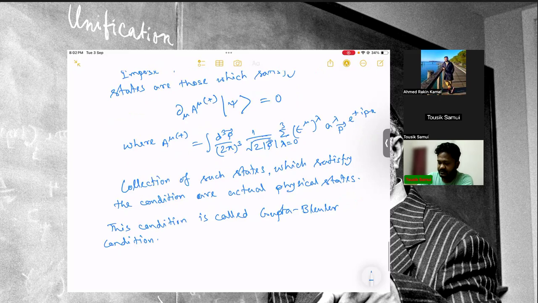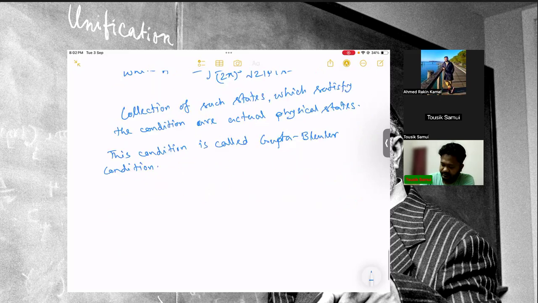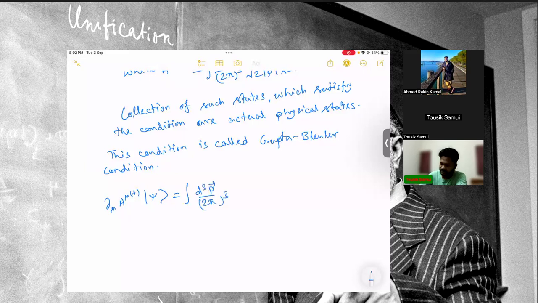Let us now see ∂μ Aμ⁺ ψ, if we write, so this is nothing but the integral over p, and this one equals square root of 2p, that is already there, and a sum over lambda equals 0 to 3, acting on the state psi.